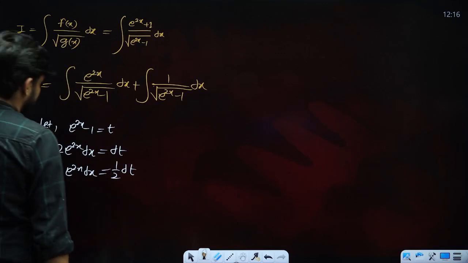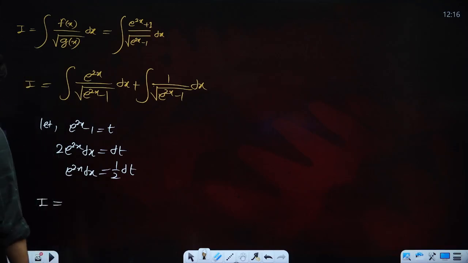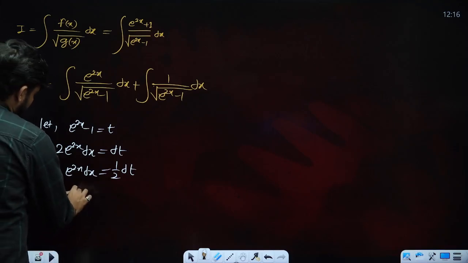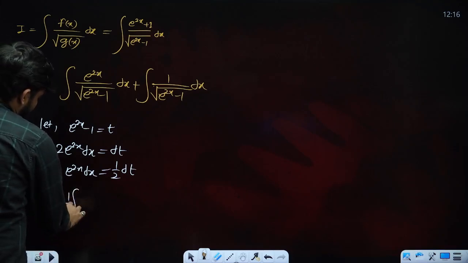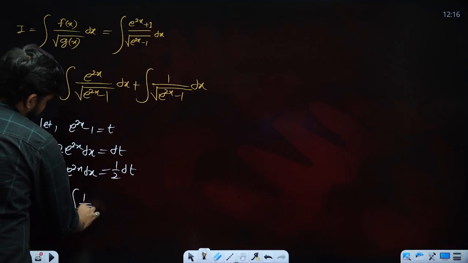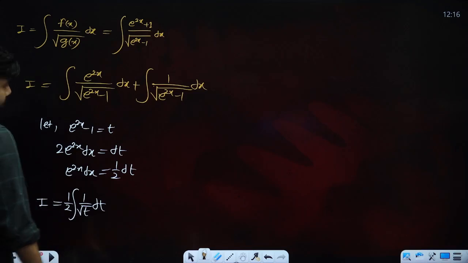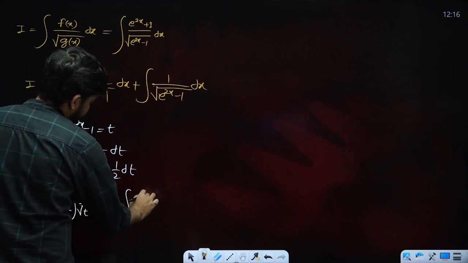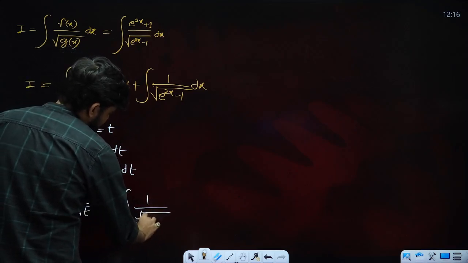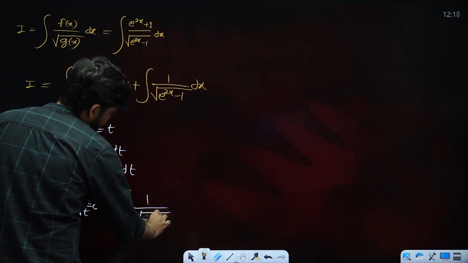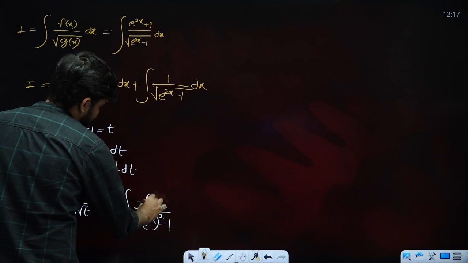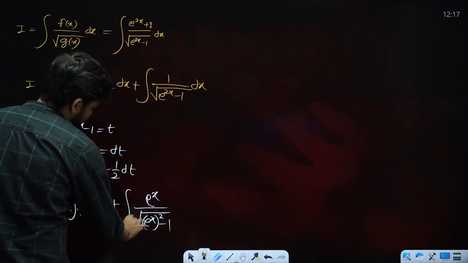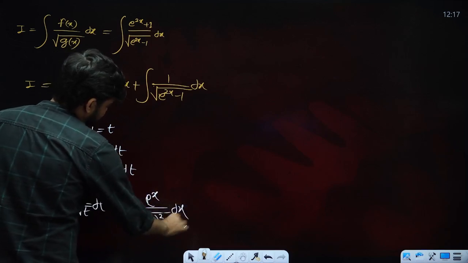Okay. So here you can write 1 upon 2, 1 upon under root t dt. And plus here we can write 1 upon e raised to x square minus 1. For that case, we can write e raised to x over here and e raised to x in the denominator also.